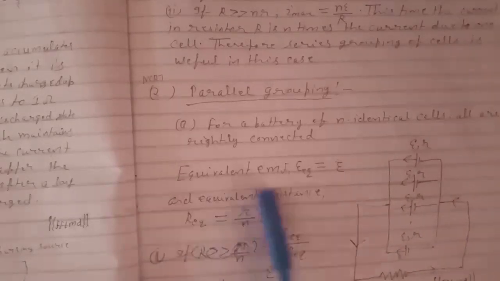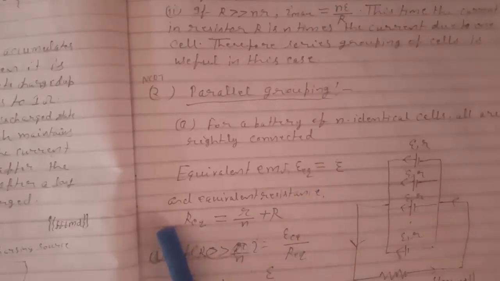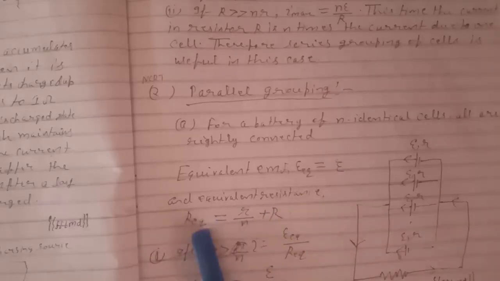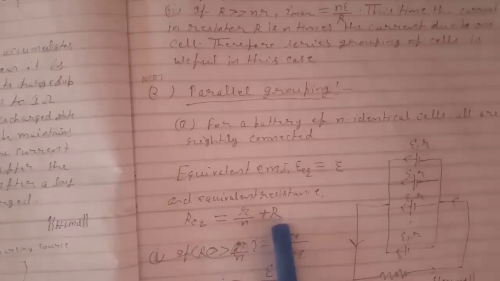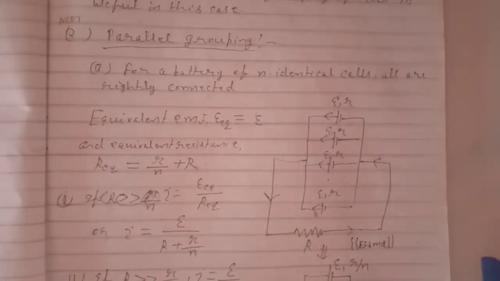So equivalent EMF will be E equivalent equal to E, and the equivalent resistance will be R equivalent equals R by N plus R. Hence I will be E equivalent by R equivalent, or I equals E by R plus R by N.